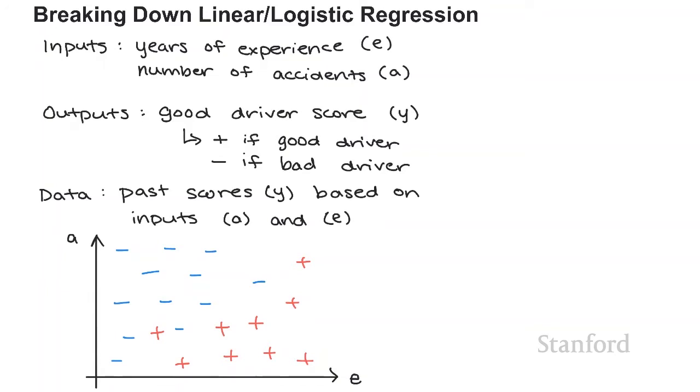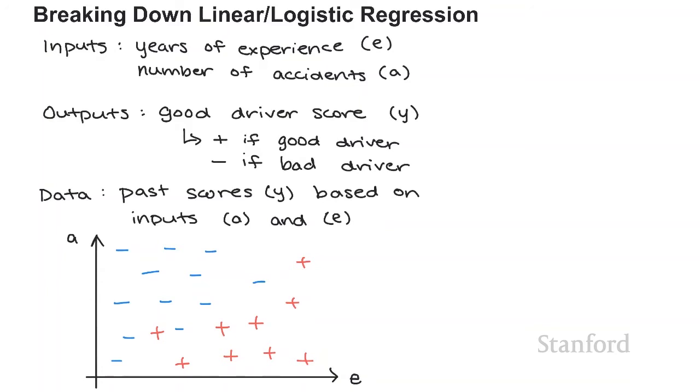So, for example, this point over here might correspond to someone who has 10 years of experience and only one accident, whereas this point over here might correspond to someone with 1 year of driving experience and having had 10 accidents. And for each of these points, we've color-coded and marked them so that they correspond to the driver score that they had received.